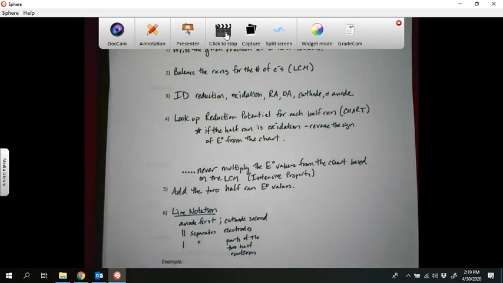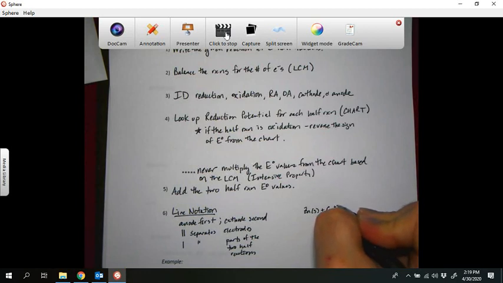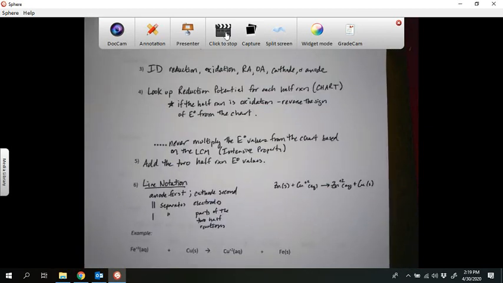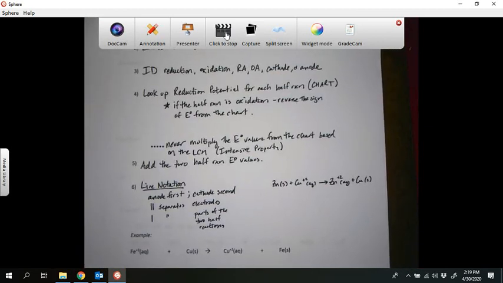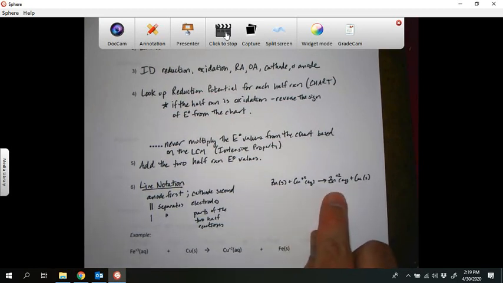If we use the example that we had from our diagram in video 2, where this was our equation, I just copied that equation again. We identified the zinc half reaction, zinc solid to zinc plus 2, as the anode.